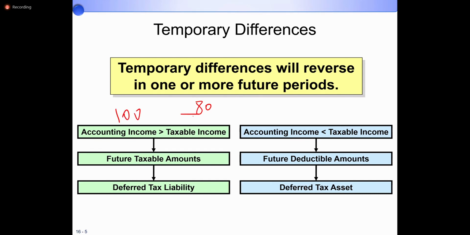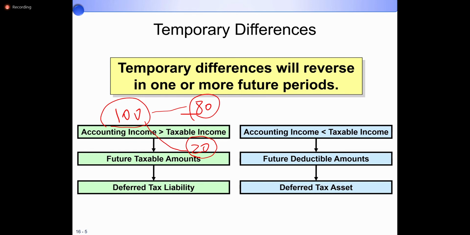So profit this year is 100, but we only pay tax on 80 of those. Therefore we have 20. Tax on that 20 will not be paid this year, but will be paid in the future. The tax on the 80 is due right now.